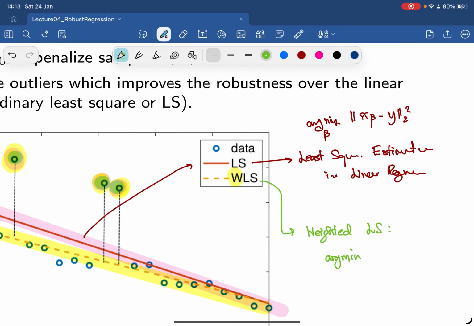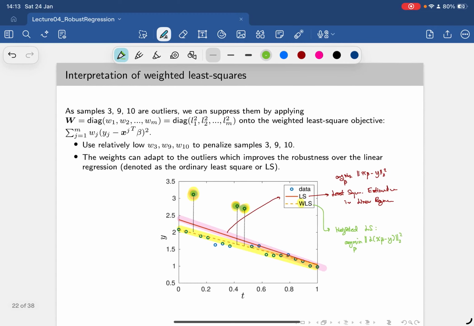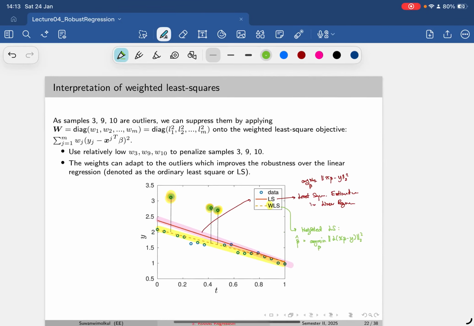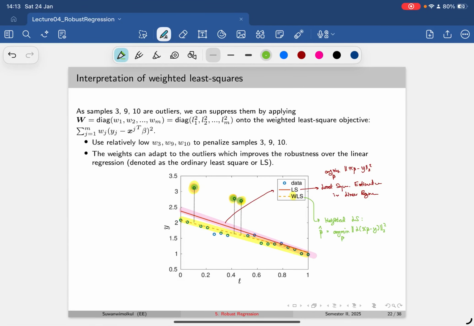Because you weighted down those data pairs that you don't want by the L matrix, they don't have such impact on your estimated beta, and therefore the mapping will go with the majority of those measurement points. Okay, that's it for this method.